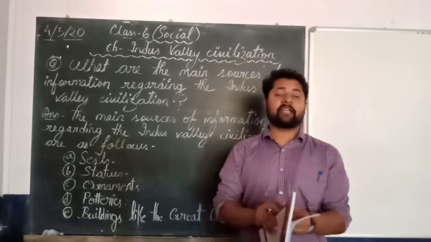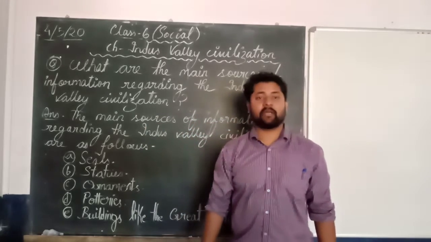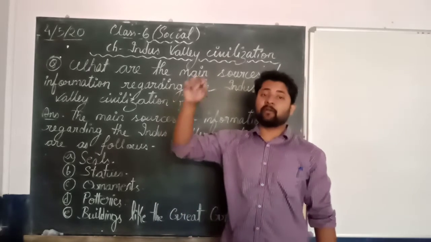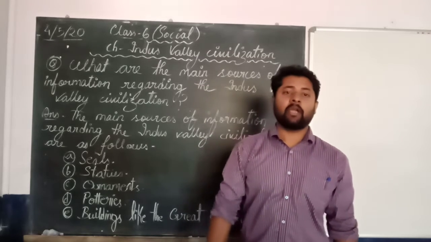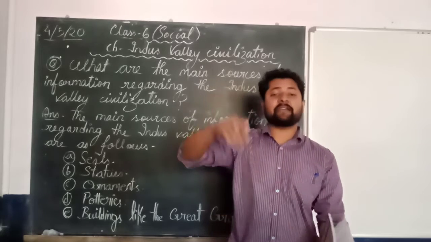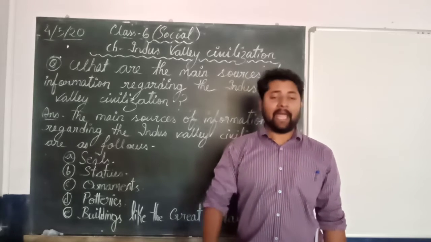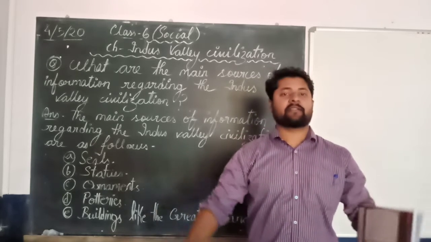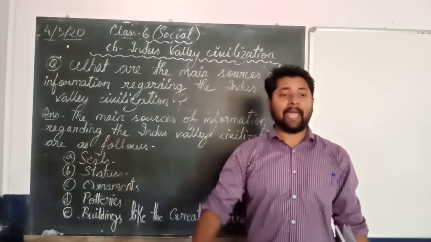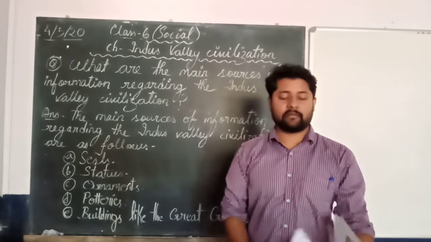So look at how it was like modern days. In our modern day, we can see grid system roads, street lights, and dustbins. During the Indus Valley civilization, from the sources we got to know that they had grid system roads which were interconnected with each other, and they had street lights using lamps, as well as dustbins.